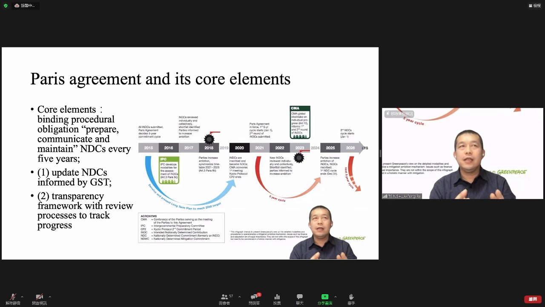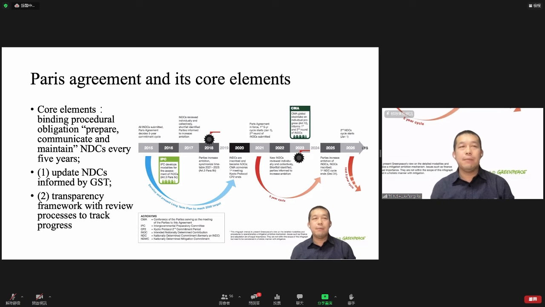And they are not legally binding. The procedure to prepare, communicate, and maintain NDCs is legally binding. And those are very important differences in terms of legal nature.